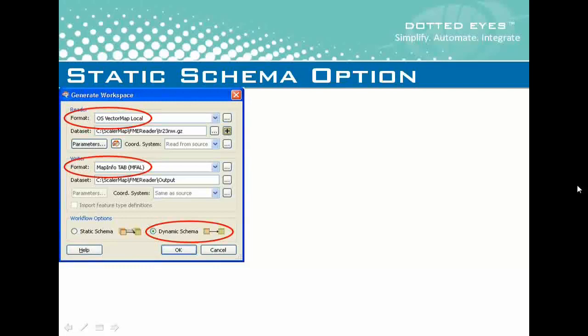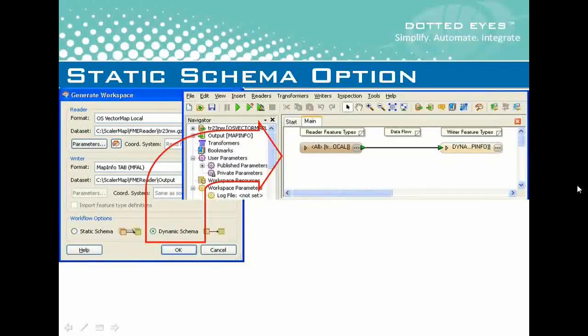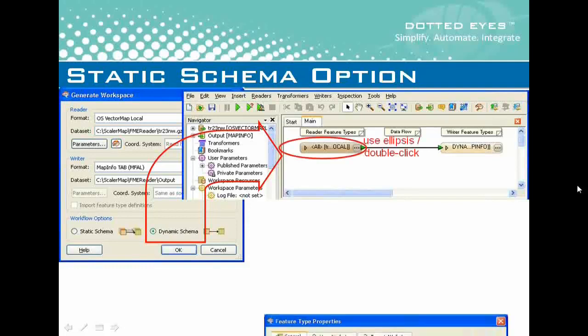So instead, going back to the beginning, let's choose the alternative option of dynamic schema, which allows us to fan out to various different output tables based on one FME writer. I'll show you what I mean. When we choose this option, it provides just one reader for all the data types inside the GML, connected to one writer.